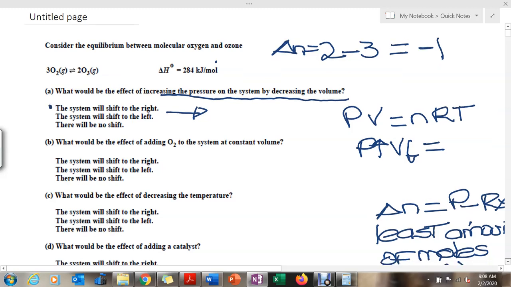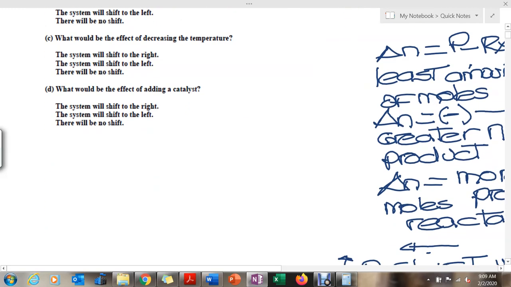Let me give you a little table. If you increase pressure and decrease volume, if delta N is negative, it moves to the right.